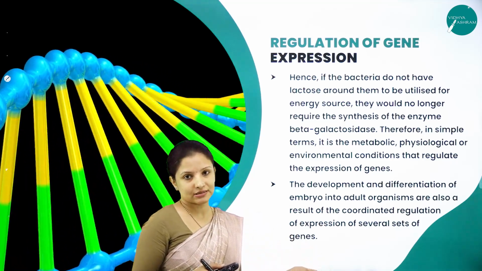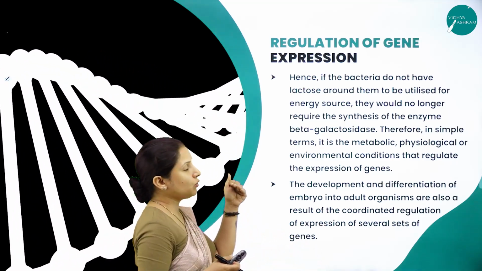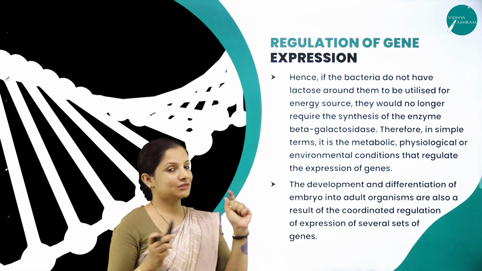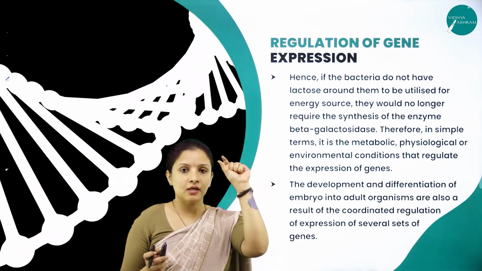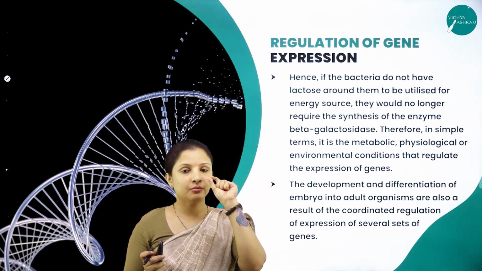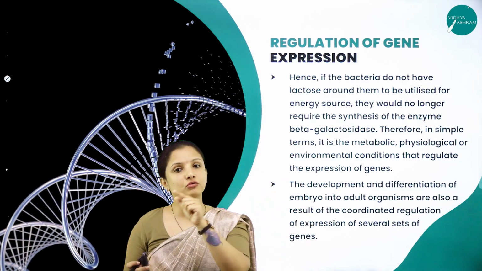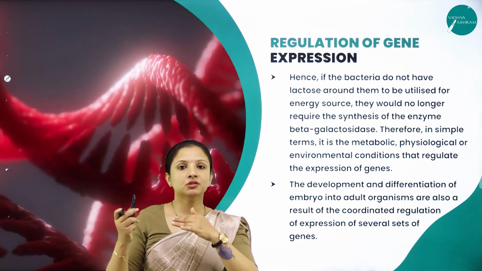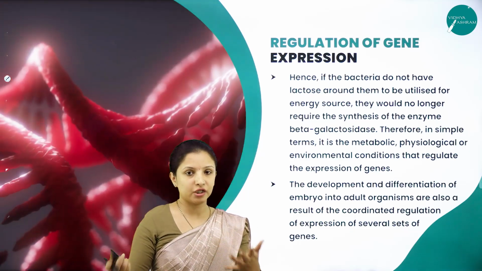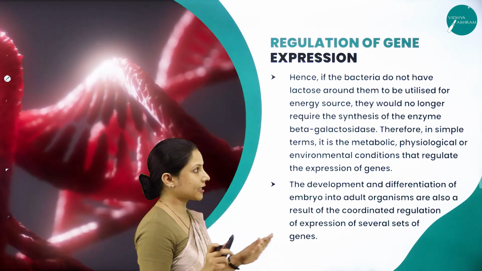You've studied that in the translation mechanism. So just remember, beta-galactosidase enzyme is needed for conversion of lactose into glucose and galactose, which can be used as an energy source by that organism for various metabolic activities.